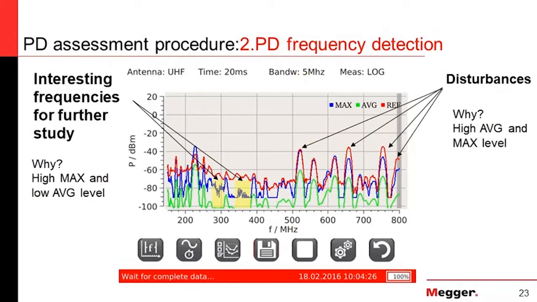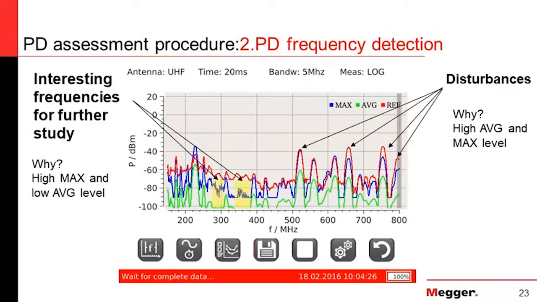Then we have to look for suspicious frequencies or frequencies of interest. We have quite a variety of techniques to look into specific frequencies of interest. Frequencies of interest means frequencies where the maximum and average levels are very different. Because if it's just noise, the average and maximum should be close.